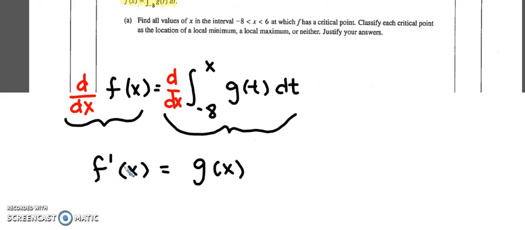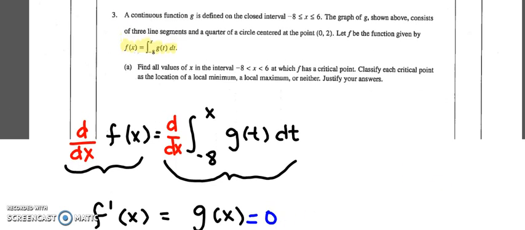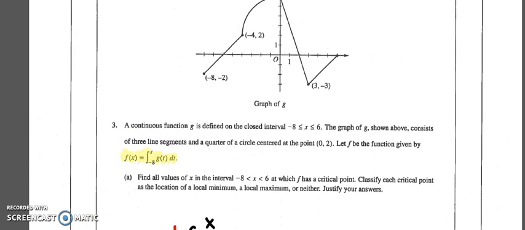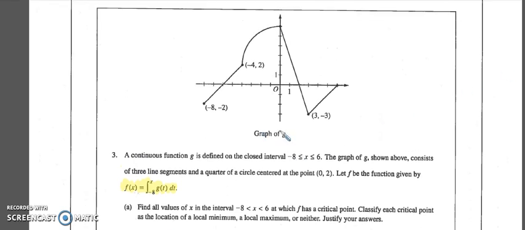Well, if you're looking where the derivative of f is equal to 0, that's like asking, when is g of x equal to 0? And we can just look at the graph, because this is the graph of g. So you'll see that the graph of g happens to have zeros at -6 and at 2.